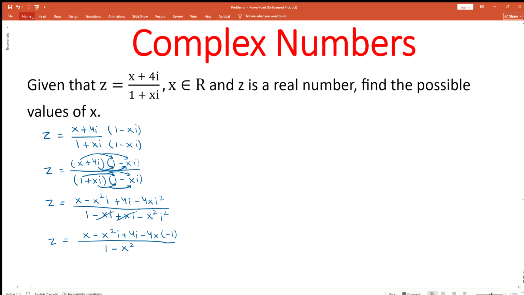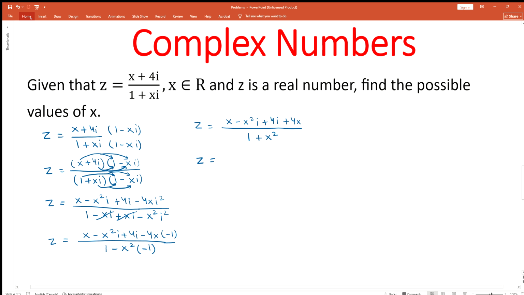And we can replace i squared with negative 1. Negative 4x times negative 1 is equal to positive 4x. In the denominator, negative x squared times negative 1 is equal to positive x squared.